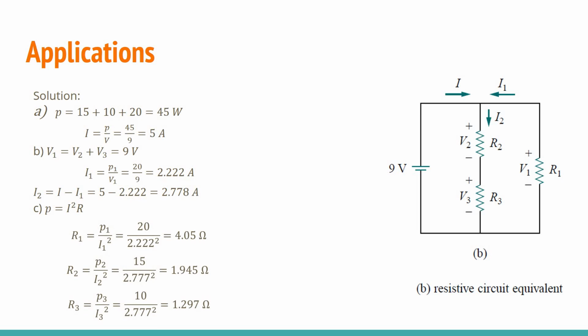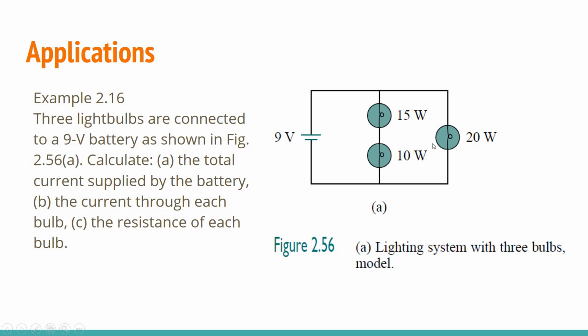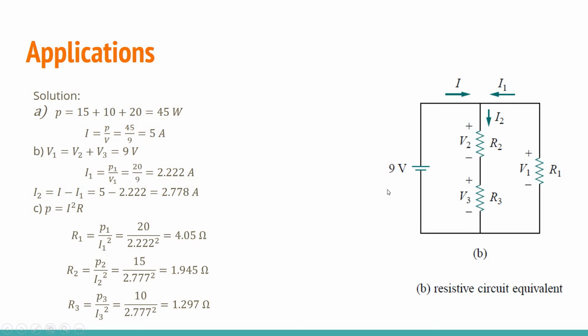Letter B, voltages. V1 is the voltage of the 20-watt bulb. Since it is in parallel with the supply, V1 is just equal to 9 volts. And then V2 plus V3 is equal to V1, which is equal to 9 volts. So, in letter B, V1 equals V2 plus V3 equals 9 volts.